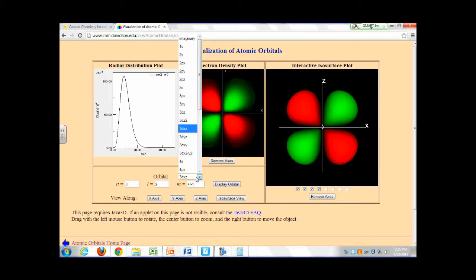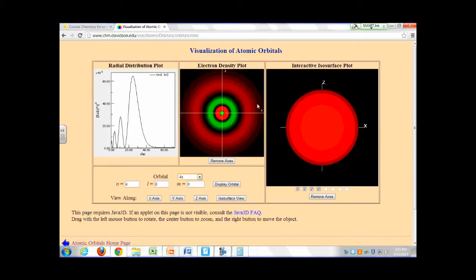And then if you have 4s, you can see every time you go to a higher n, you get more of these places right here where the probability of finding the electron is 0. These are called nodes. These are radial nodes, spherical surfaces where the probability of finding the electron is 0.